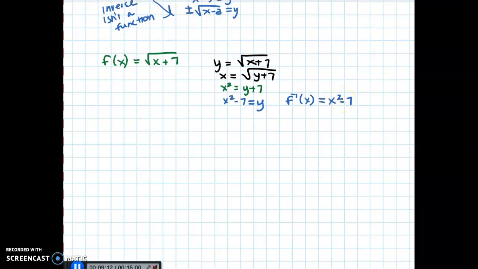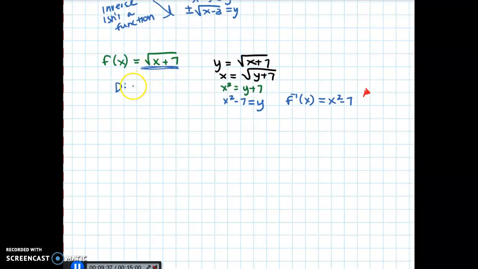But stop and think for a minute, because this is another red flag. This inverse function technically has more values than this original function did. If you recall, the domain of this function is everything that is positive underneath the radical.